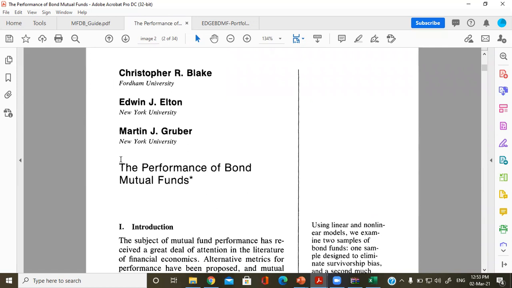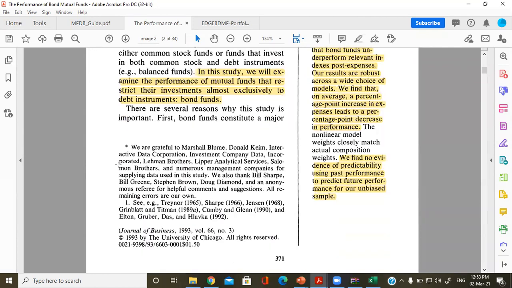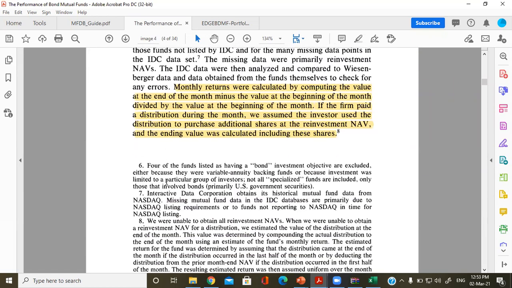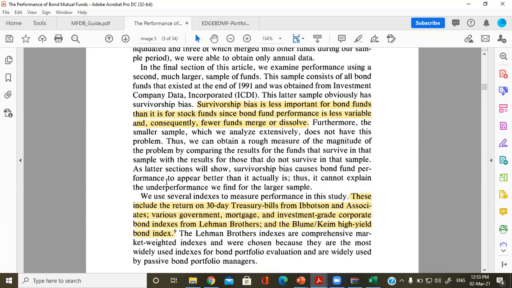This is one of the very first papers which attempts to understand the performance of bond mutual funds. They have used several benchmarks to estimate the alpha of the bond mutual funds.